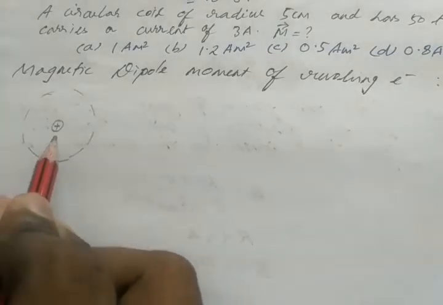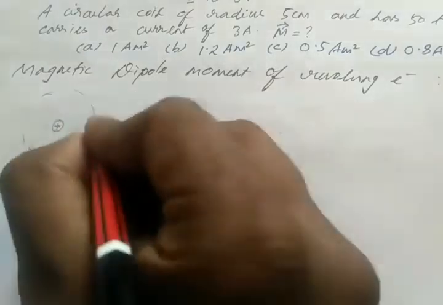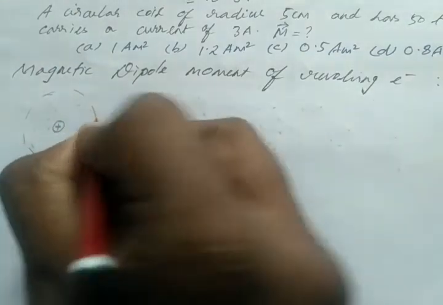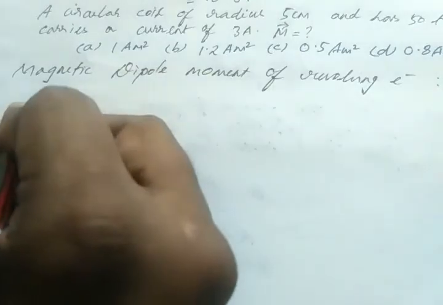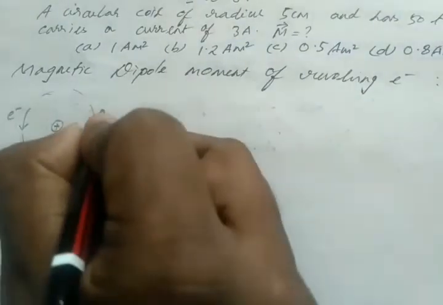Next one is a very important topic, that is magnetic dipole moment of a revolving electron. Okay, so consider a hydrogen-like atom. It has one positive charge and one electron revolving around it in the anti-clockwise direction with a velocity v.